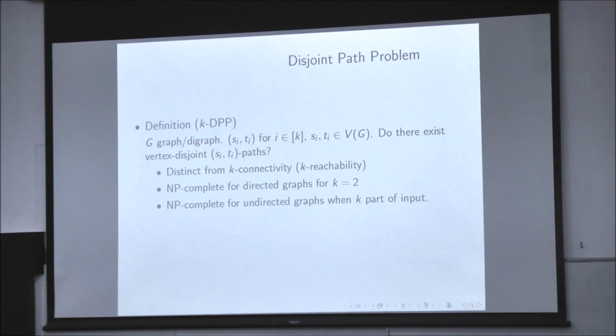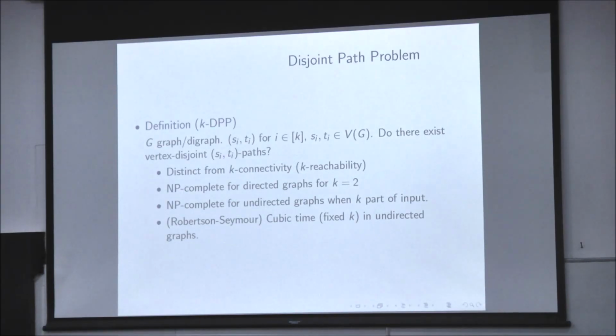And for undirected graphs, it is NP complete when k is unbounded. When k is part of the input, then it's NP complete. But we do have some algorithms which run for fixed k, which are polynomial time.